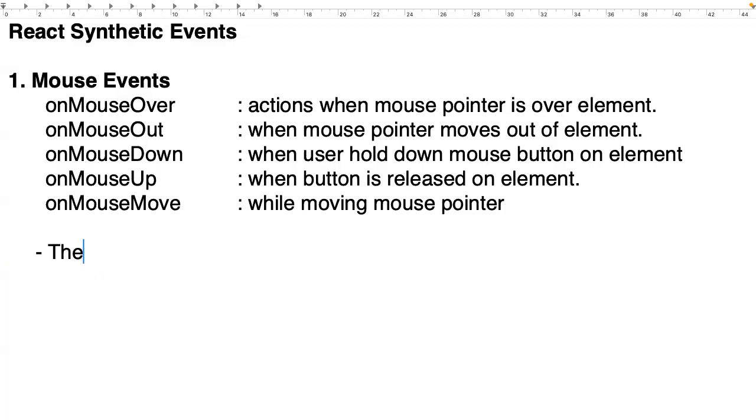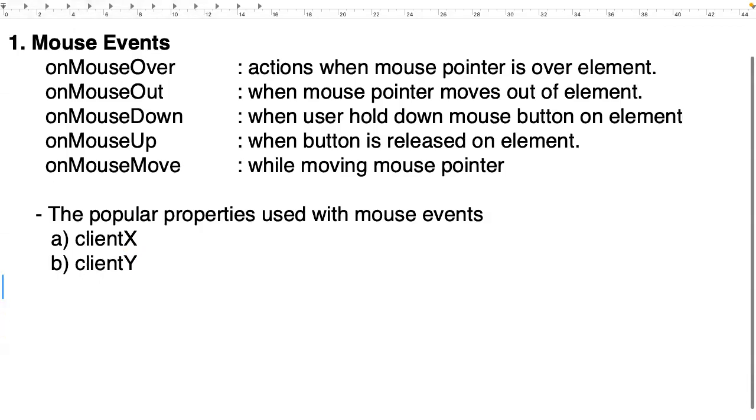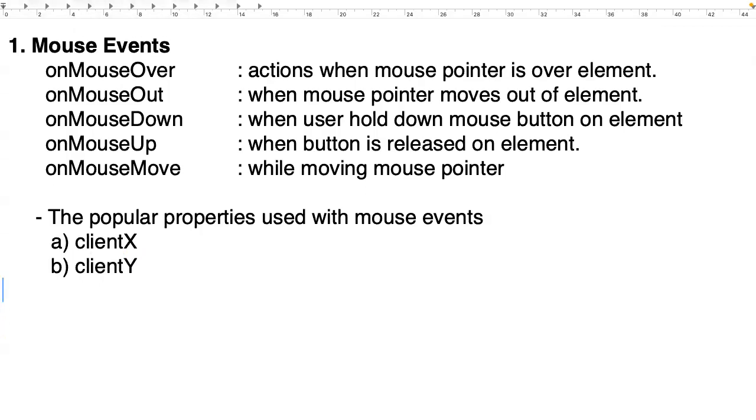The popular properties used with mouse events are client X and client Y. There are so many properties, but mouse related major things are these two. It will get the X axis position of mouse and the Y axis position of mouse.